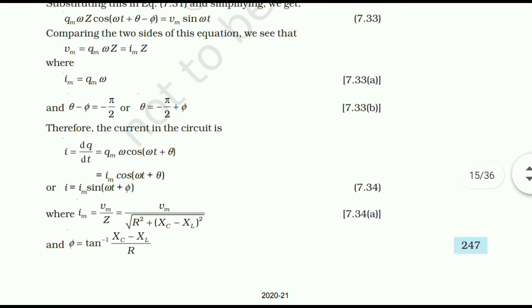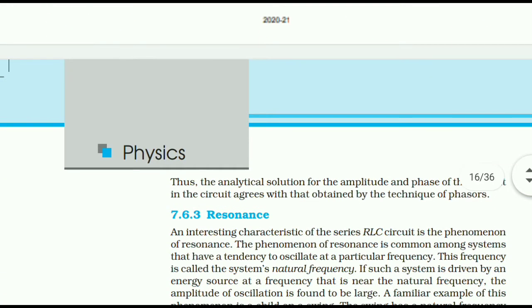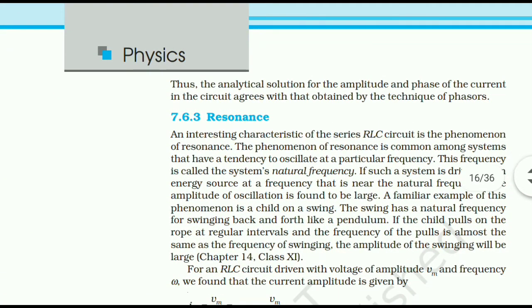Therefore, the current in the circuit is i equals dq/dt is equal to qm omega cos(omega t plus theta). Thus, the analytical solution for the amplitude and phase of the current in the circuit agrees with that obtained by the technique of phasors.